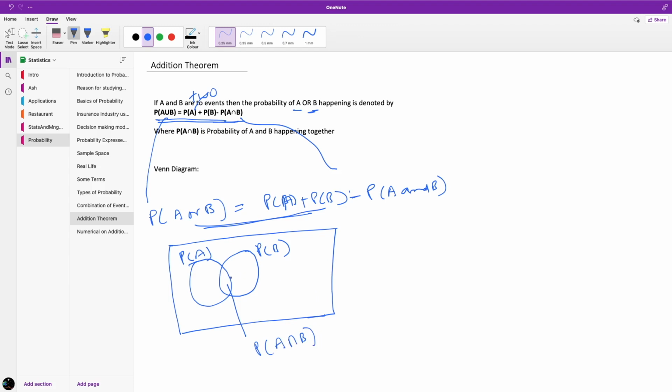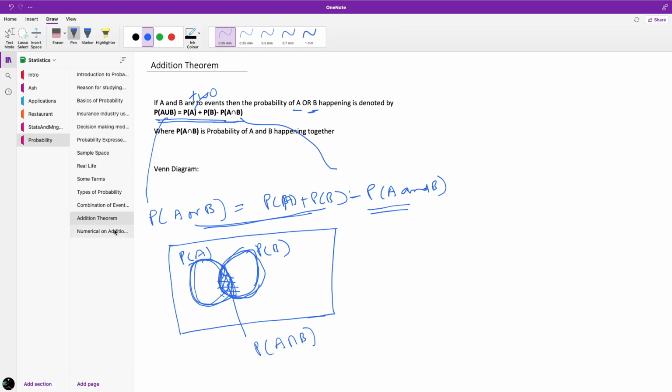When we are adding P of A, this piece has been added already, and when we add P of B, this area here is getting added again because it is coming under B and also under A. So this area has been added twice. That is the reason why we are subtracting it once. So P of A or B is P of A plus P of B, and because this has been added twice, we are removing it once.